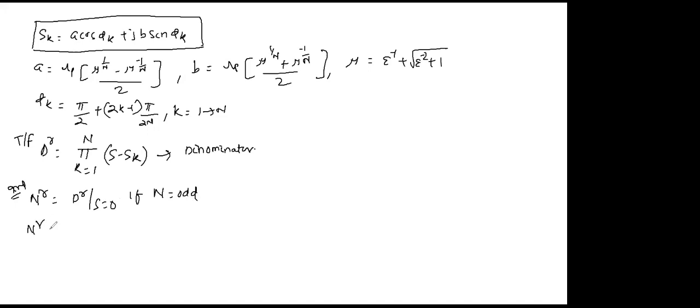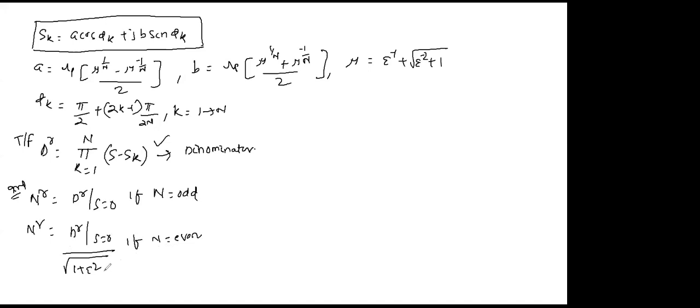If n is even, first find the denominator, put s equals 0, and multiply with 1 by the square root of 1 plus epsilon square. Just as in the previous class, I said that if n is even, the ripple starts at 1 by root over 1 plus epsilon square.